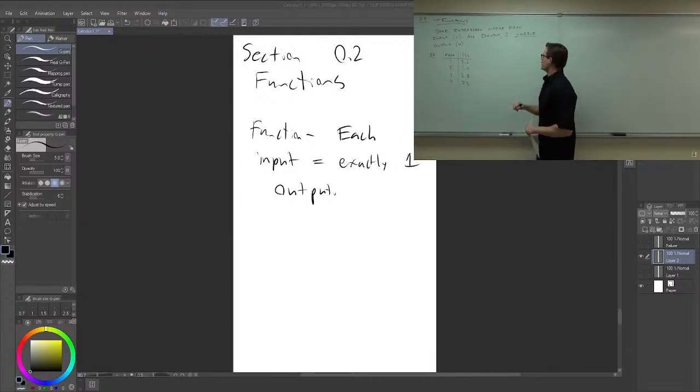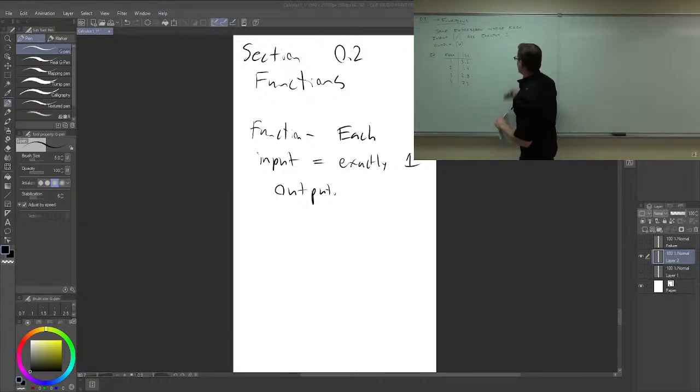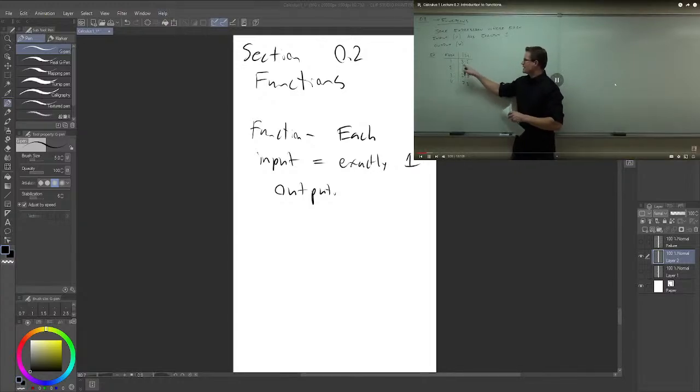Yeah. Okay. You know what? I need to erase something right here. Exactly one, not unique, but one output. Unique output would be a one-to-one function, and we're not there yet. So, when we say it has one output... Wait. A one-to-one function? Exactly one output.